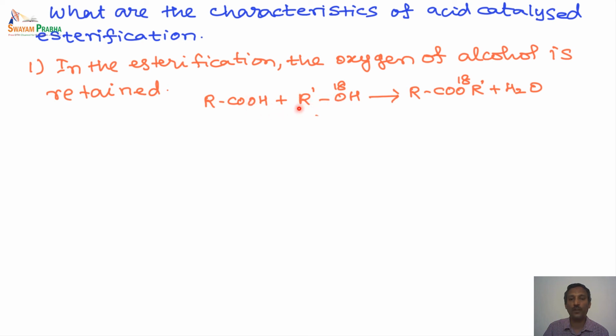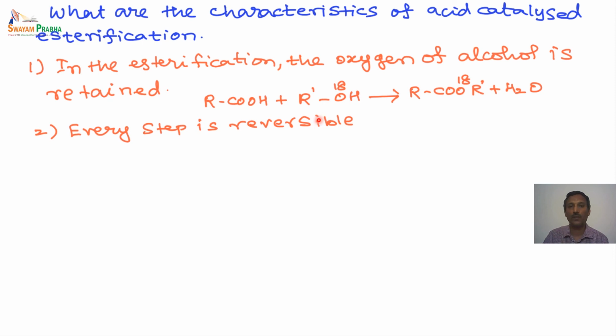So there are two different ways how an acid can be converted to an ester, but using labeled experiments, it is confirmed that the labeled oxygen is retained in the final product. So the labeled oxygen from the alcohol is retained in the final ester. So that clearly says that the oxygen for the ester unit comes from the corresponding alcohol.